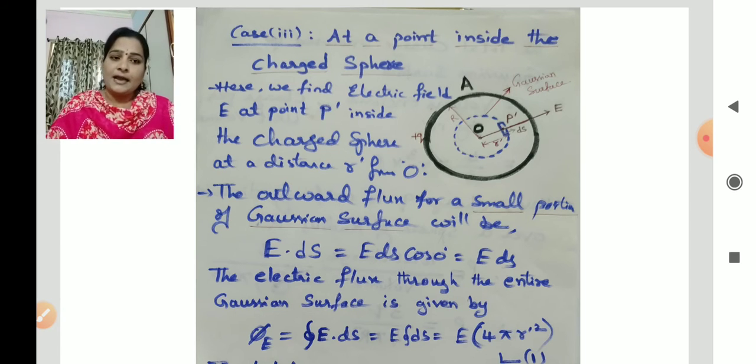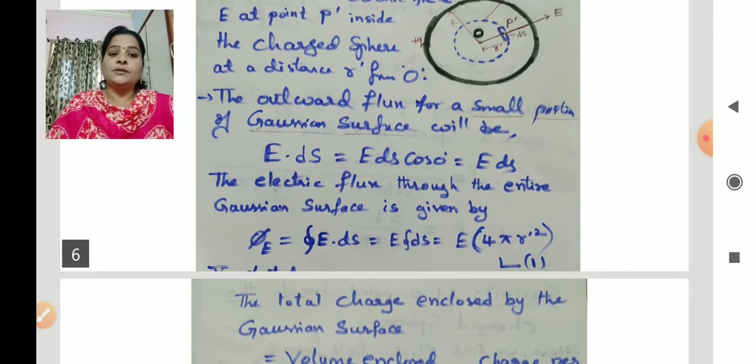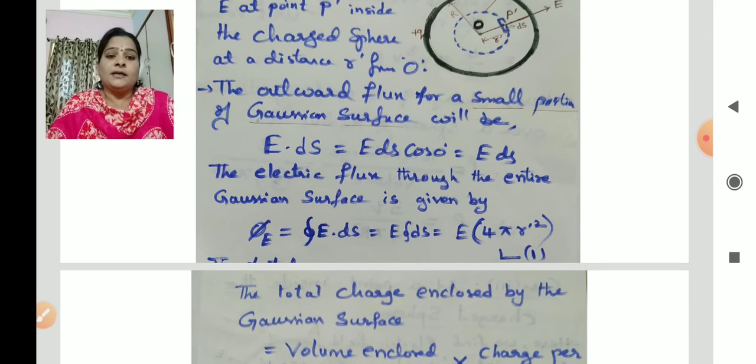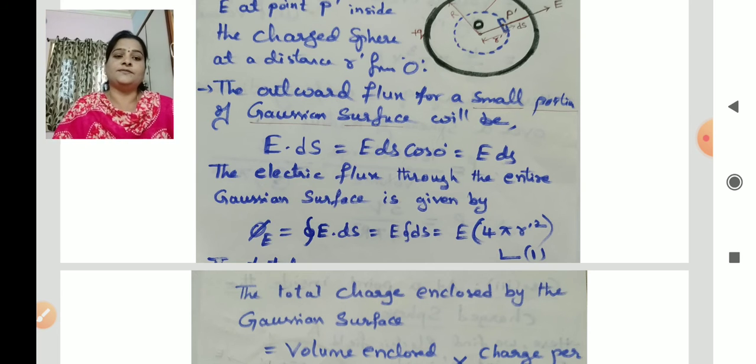E and ds are acting in the same direction, therefore E ds cos 0, and that is equal to E ds. So the electric flux through the entire Gaussian surface is given by phi E equals integration E dot ds, and that is equal to E integral ds.